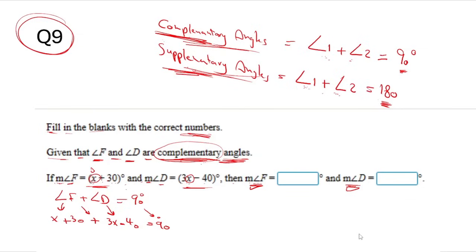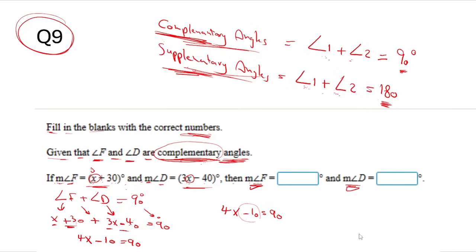So now let's simplify this. x plus 3x is equal to 4x, plus 30 minus 40. Which is bigger? 40, so I'll put the minus, then we subtract, so it will be minus 10, equals 90. So now I have 4x minus 10 equals 90.